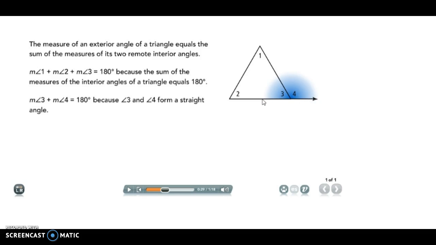So we're going to set them equal to each other. We know that both sides of this are going to equal 180. So the measure of angles 1, 2, and 3 equals 180, and the measures of 3 and 4. You notice that they both have the measure of angle 3 in the middle, so we're going to take that out. That leaves us the measure of angle 1 plus the measure of angle 2 is going to equal angle 4.